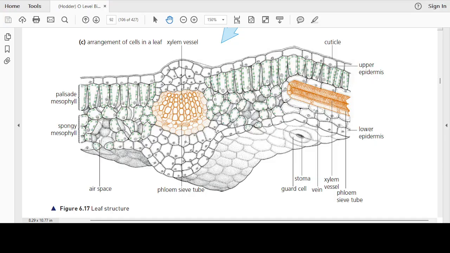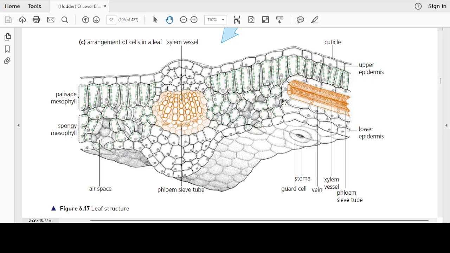Right, so the vein and then the midrib both have what are called xylem vessels and phloem vessels. Over here as well you can see xylem, which are more on the inside, as you can see from the labeling.